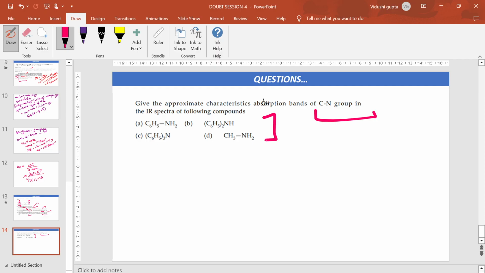See, all are amines, but some are primary, some are secondary, some are tertiary. Aromatic and aliphatic amines. So tell accordingly. For the first one, it is aniline.